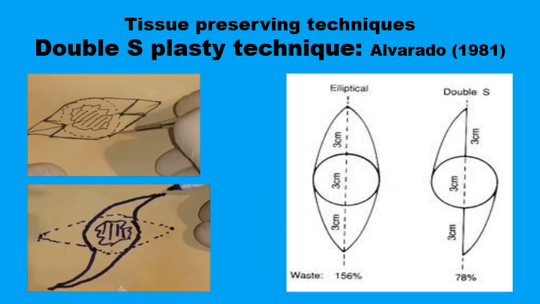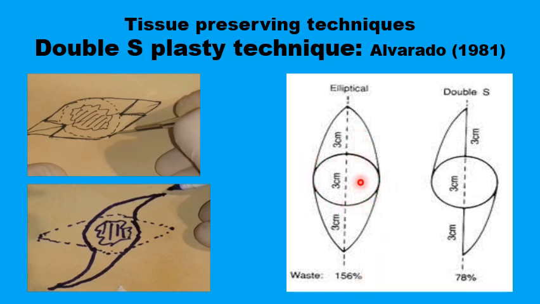Another tissue preserving technique in addition to the M-plasty or the S-plasty is the Double S-plasty technique. In the traditional elliptical or fusiform wound configuration, the central circular part here contains the lesion and its safety margin. The two triangular pieces at the ends of normal tissue have actually a surface area of more than 150% of the circular part.